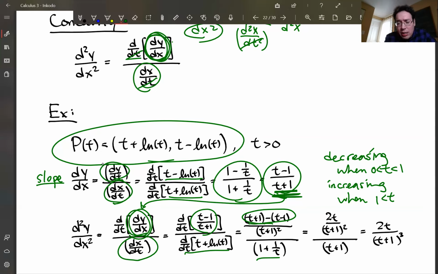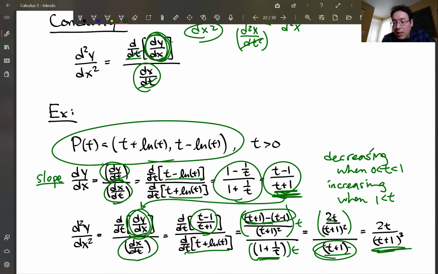But again, trying to get rid of the fraction over fraction, if you multiply the top fraction by a t and the bottom fraction by a t, you'll get t plus 1 on the bottom, and it'll just be 2 times t in the numerator. This is a little bit hard to see. So we have a fraction divided by something, which is the same thing as multiplying this into the denominator. So you'll just have t plus 1 cubed in the denominator.